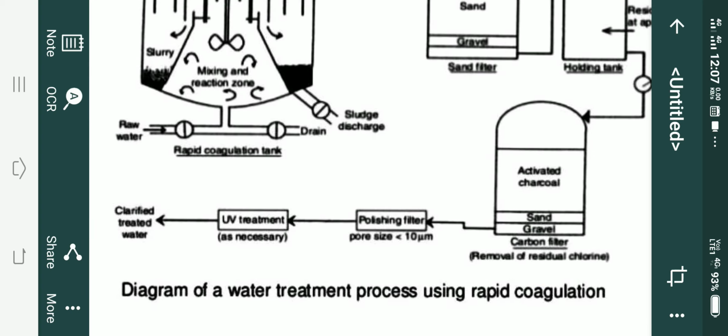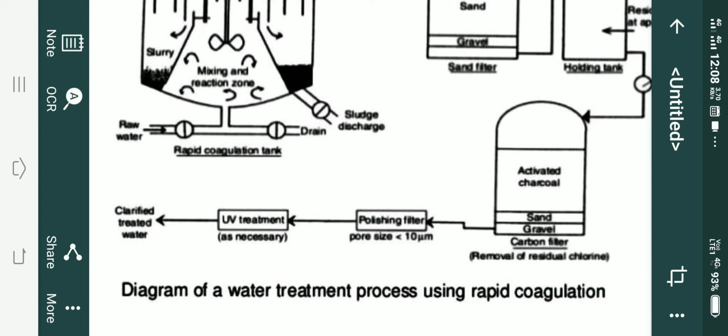Then it can go to the filter, whether it can be a deionization unit, reverse osmosis unit, or anything like that, or a cartridge filter. Then UV treatment, if the water quality or standards demand it, is done for disinfection or sterilization of water.